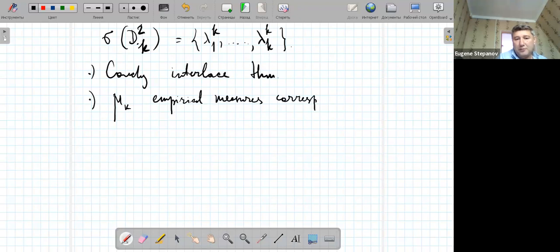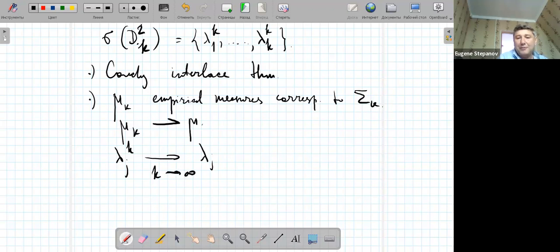corresponding to sigma_k, converge weakly to your measure mu, then under quite non-restrictive conditions on your space, they are surely satisfied when your space is bounded, but actually much less is necessary, you can think that those lambda_jk converge as k goes to infinity to some lambda_j.